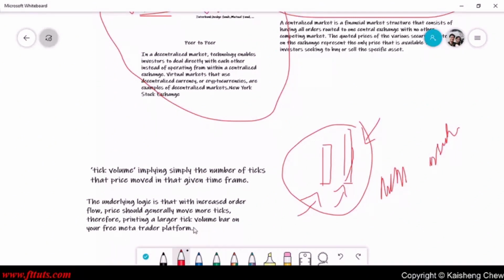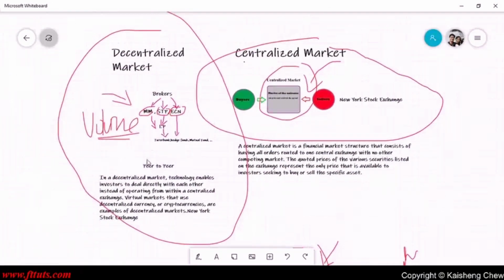But there is another factor you need to take into consideration, which is your broker, because this tick volume is given by your broker. That's why just now we talked about decentralized markets. There are three types of broker: market maker, STP, and ECN.